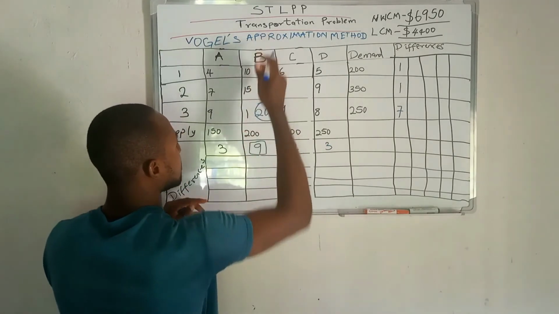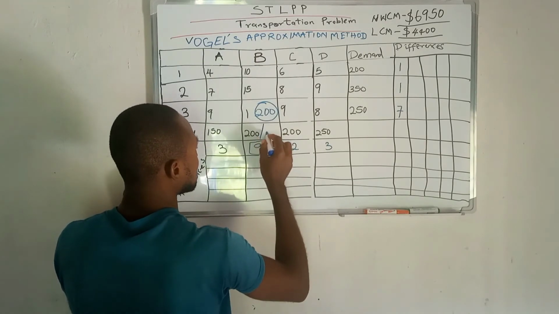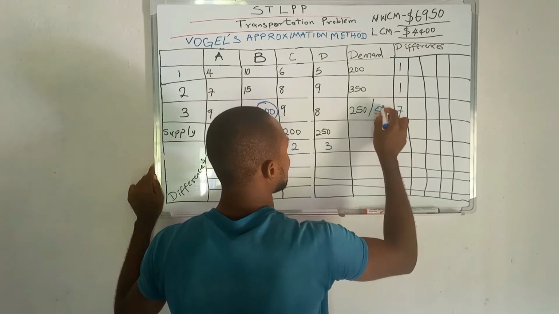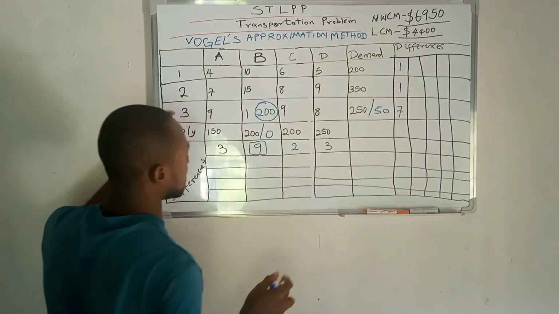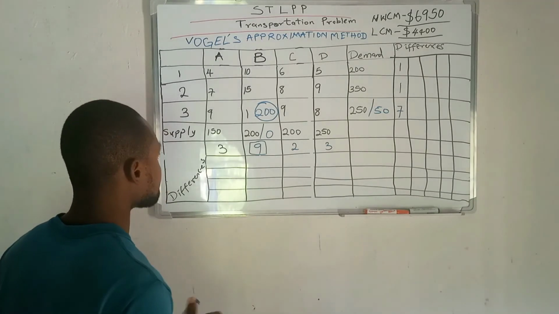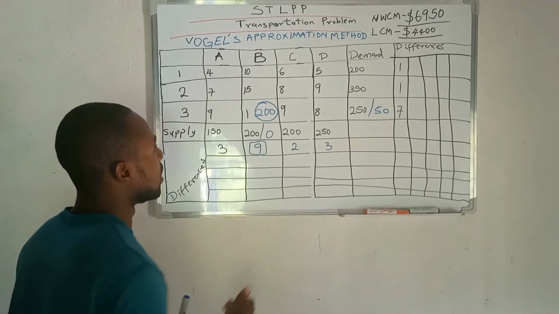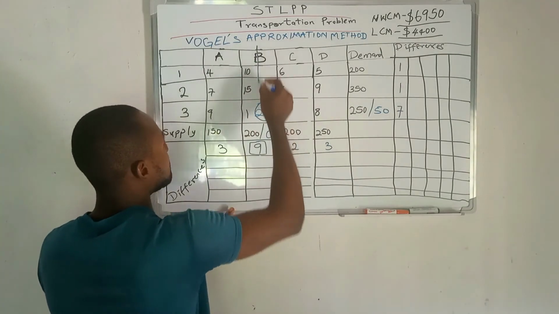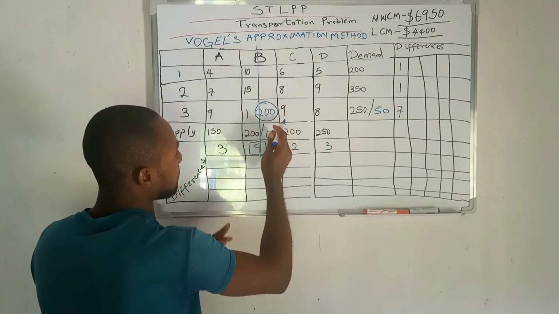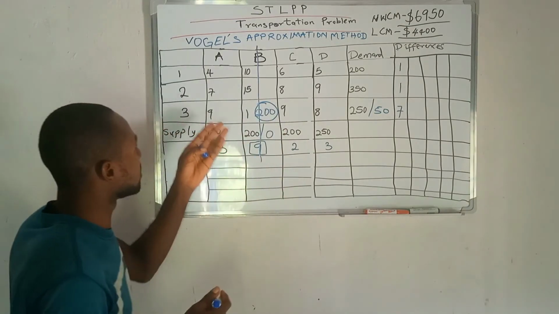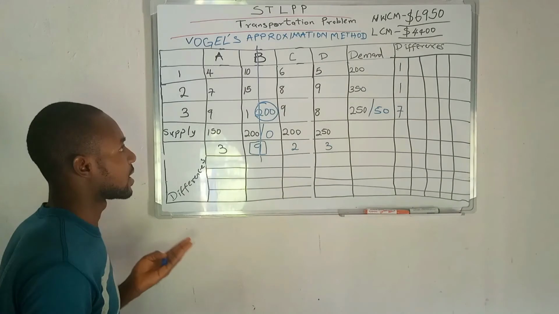The unit B will then have 0 goods remaining, and we have 50 still demanded in the third store. After supplying this, we take out unit B because we have already supplied everything that we have here. Then we check the differences again.